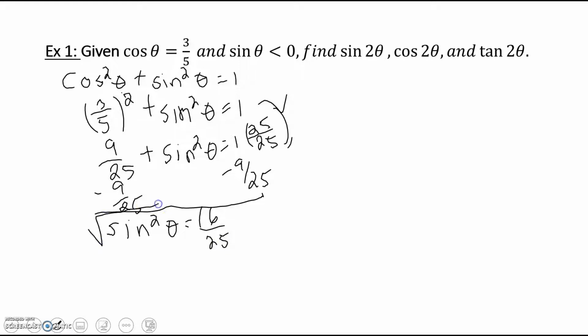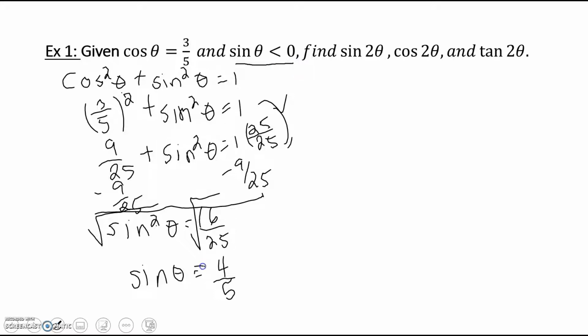And then you take the square root of both sides. We normally take the square root to get rid of the square in sine squared theta. The square root of 16 is 4. The square root of 25 is 5. And I was about to say, normally you take the positive and the negative square root. But in this case, it tells us at the top that sine of theta is negative. It's less than 0.